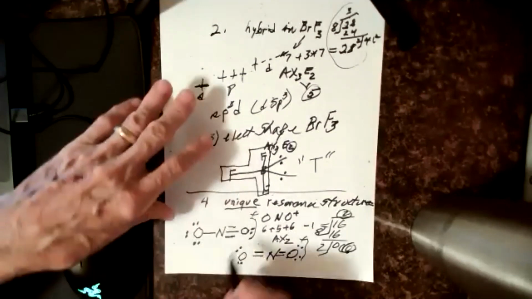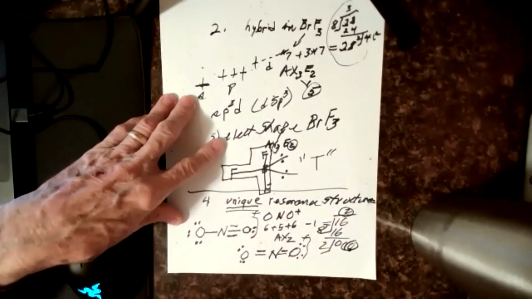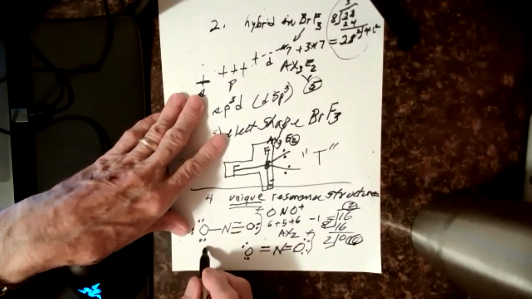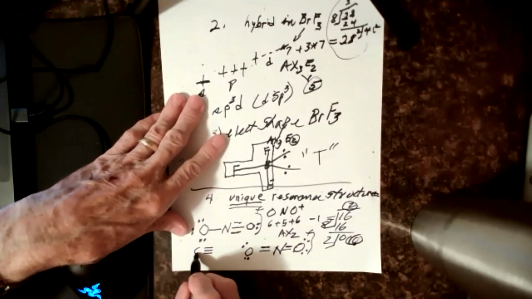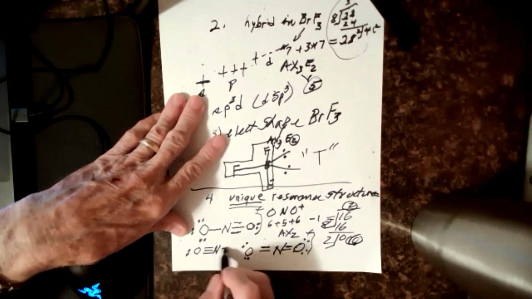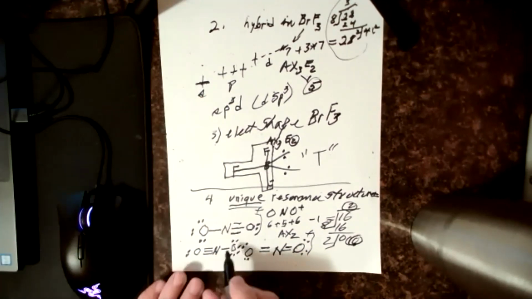Now, that's why I underlined unique. There is another resonance structure here with the triple bond on this side. Now, how would I describe this one?